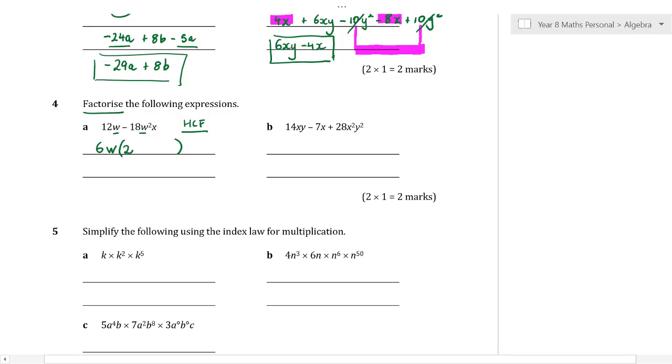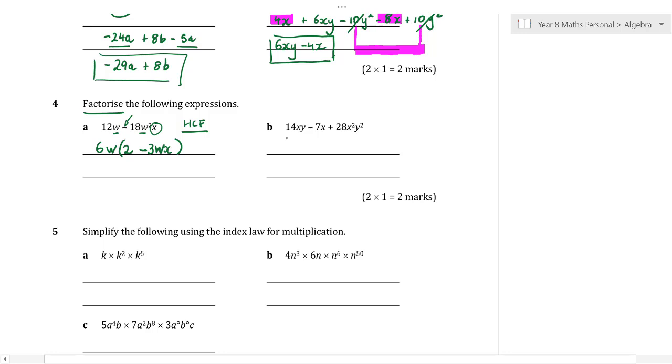It's 2. And be careful, I've got a positive here, I've got a negative over here, so we need a negative, and that is negative 3. w times w gives me w squared, and guess what? We've got this little x here, so that must be x. So as you can see, we have now factorized that.